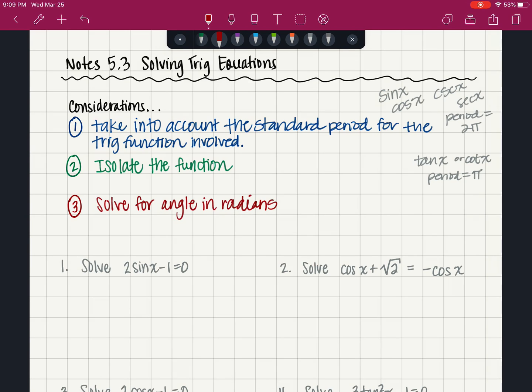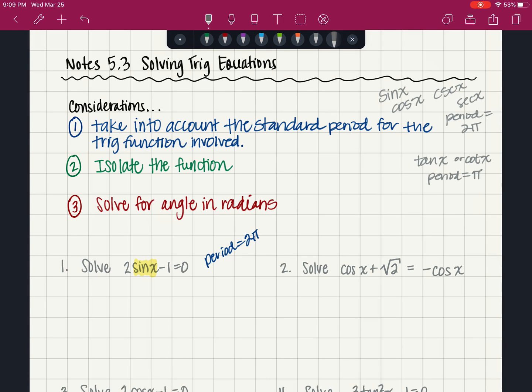We're going to solve 2 times the sine of x minus 1 equals 0. I'm going to use my highlighter here to highlight the trig function. So what I want to do first is take into account the standard period of that trig function that's involved. So the standard period, I'm just going to jot it down, is 2 pi.